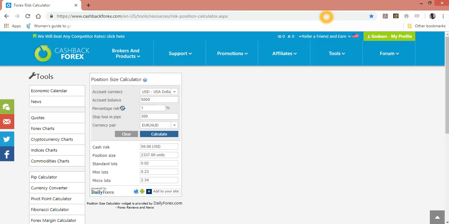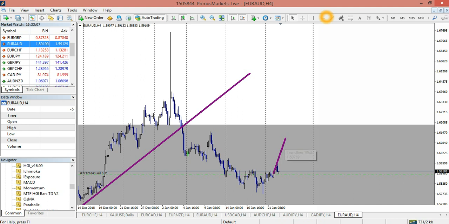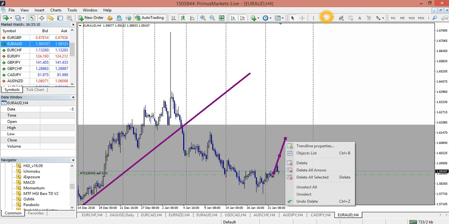So in that case, I'll go back here and change this to 100. So I can trade a higher size. I could now trade 0.07, which is 70 cents per pip. Generally speaking, the higher my entry is, if I can sell high, then I can sell at a greater position size. I can make more money, right?